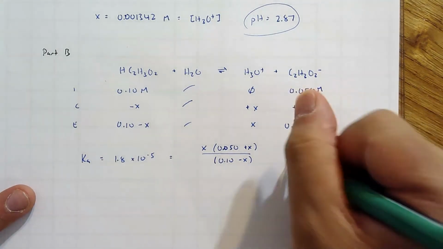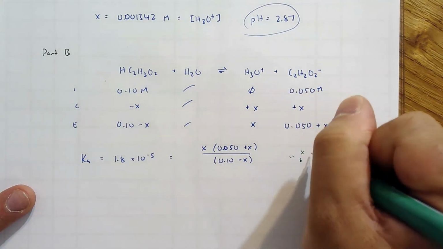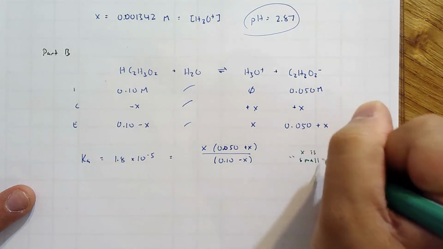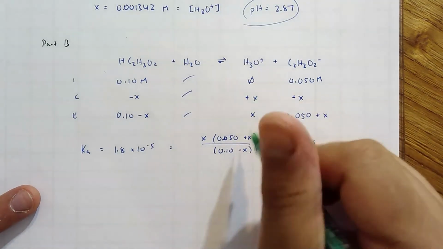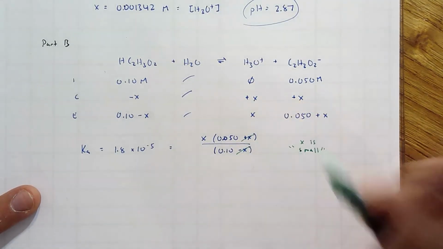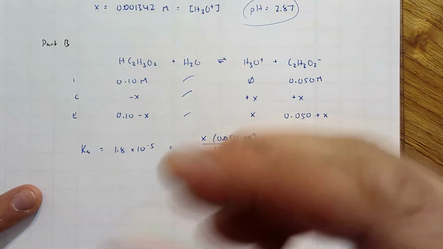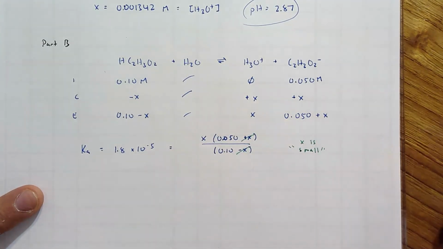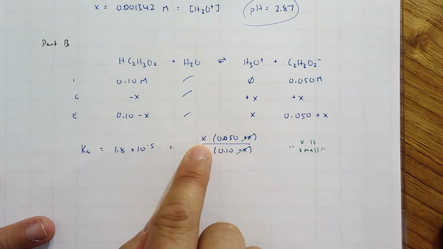Now we're going to use the x is small approximation again. We get rid of any time you plus or minus x, or anytime you plus or minus 2x, or anytime you plus or minus 3x. You know, that x is so small it doesn't matter if you subtract or add 1, 2, or 3 of those. Now this x we do have to keep.